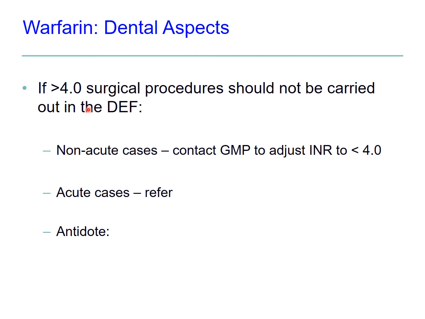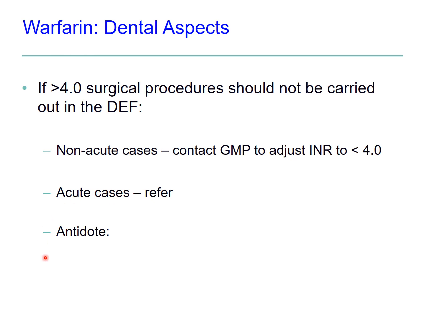If the INR is over 4, non-acute cases can be referred back to the GP to adjust the dosage of warfarin and get their INR below 4. However, if patients require urgent treatment, they can be referred to secondary care. But obviously, in such cases, you would need to call up the MaxFax at the local hospital if it's urgent.